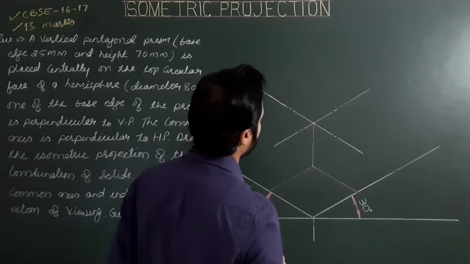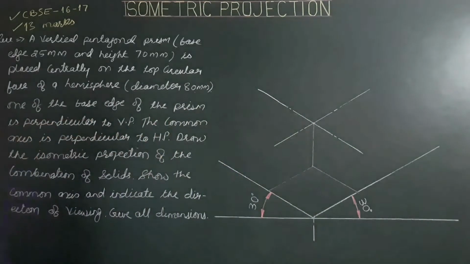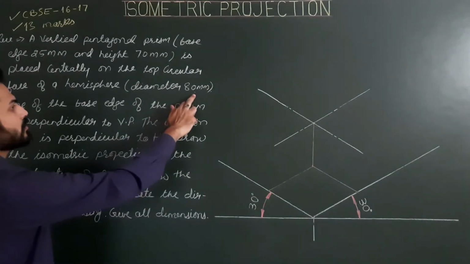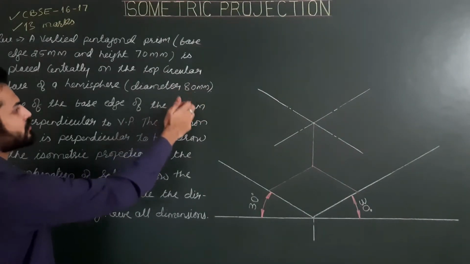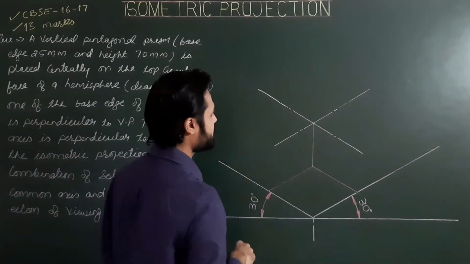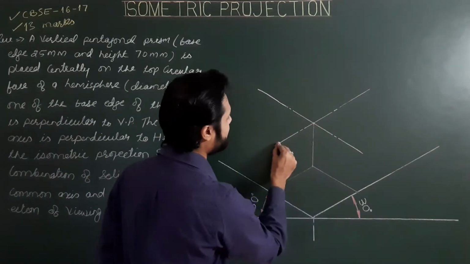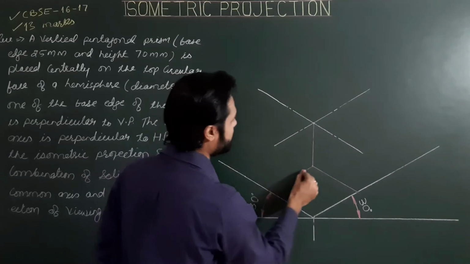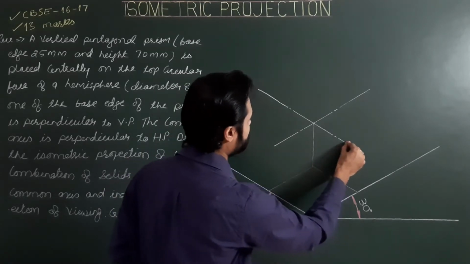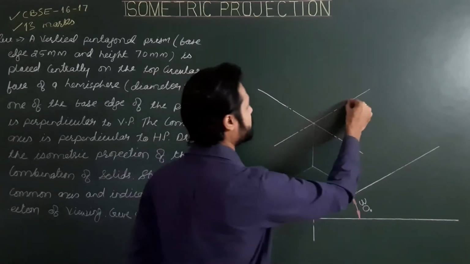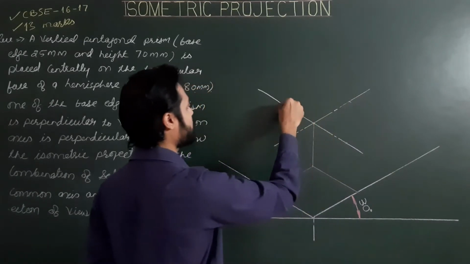Along these center lines, the next step is to mark limits of the iso radius, or half of 80, iso 40. So again from the center, marking limits of iso 40 in all four directions.